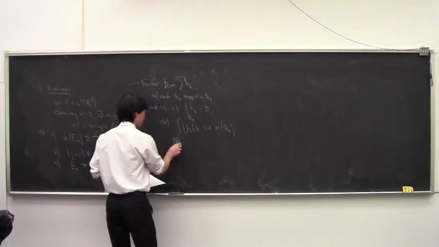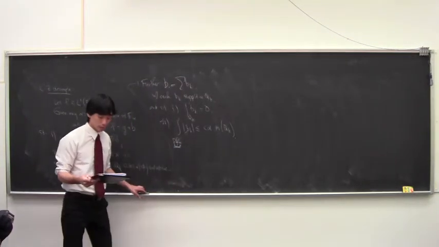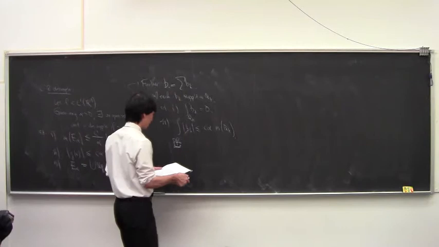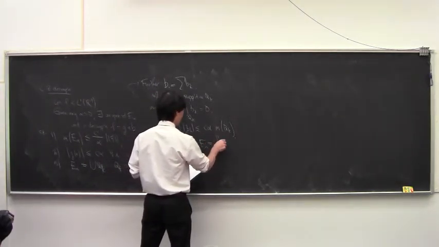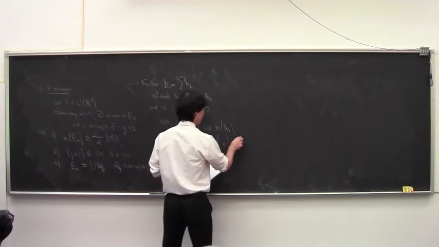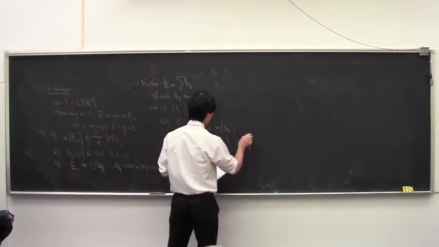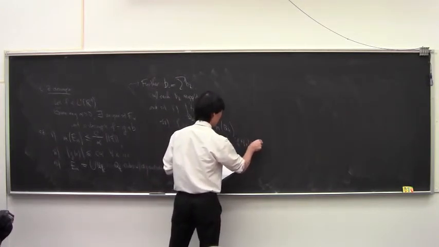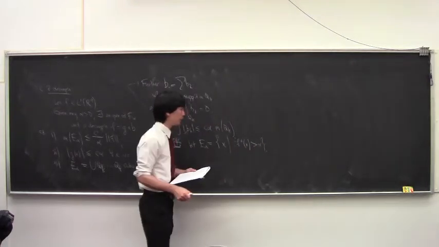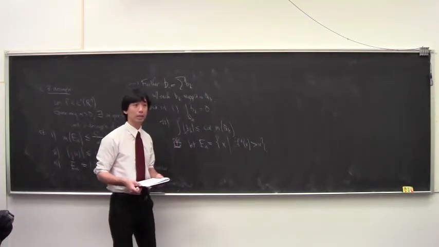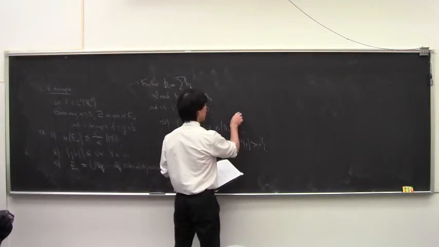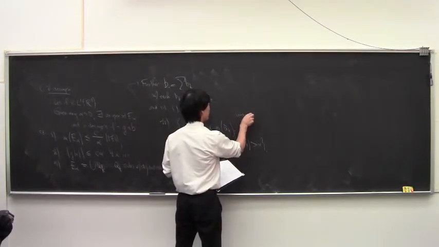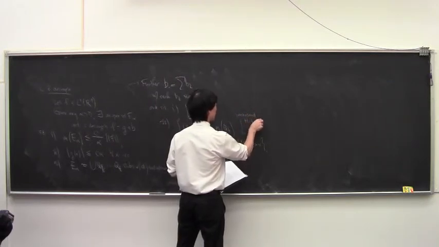The proof is along the lines that you've seen before. You let E sub alpha be the collection of x where the Hardy-Littlewood maximal operator is bigger than alpha. Let me make a comment here that this is actually the uncentered Hardy-Littlewood maximal operator.